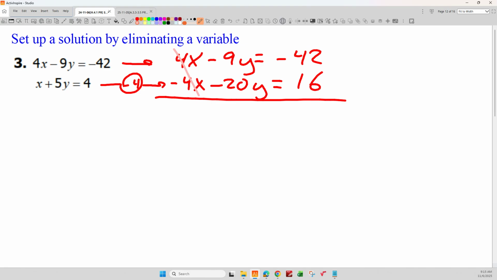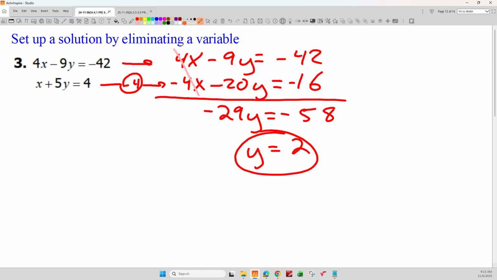Negative 9y plus negative 20y is negative 29y. That should be negative 16, right? Yeah. Negative 29y equals negative 42 plus negative 16, negative 58. So what's y? If I divide each side by negative 29, we get y equals 2.